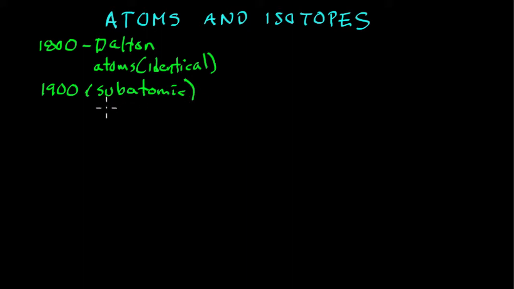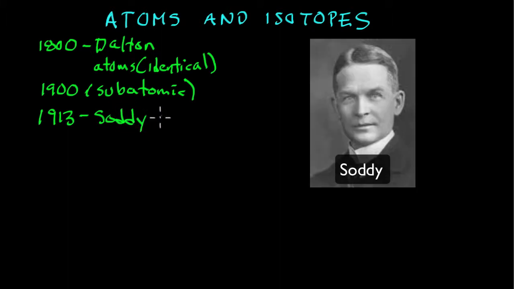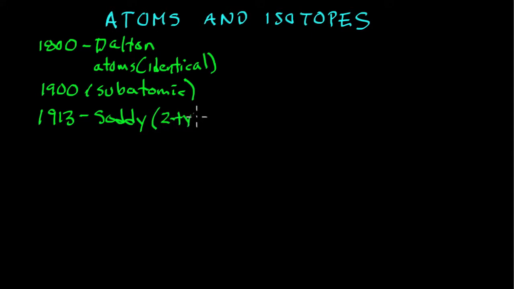We had the discovery of the electron, the idea of a proton and a neutron. And in about 1913, there was a major discovery by a British scientist by the name of Soddy. Soddy was working with uranium, and he discovered that there were two types of uranium. Both types acted the same chemically, but they had a different mass. One was heavier than the other.